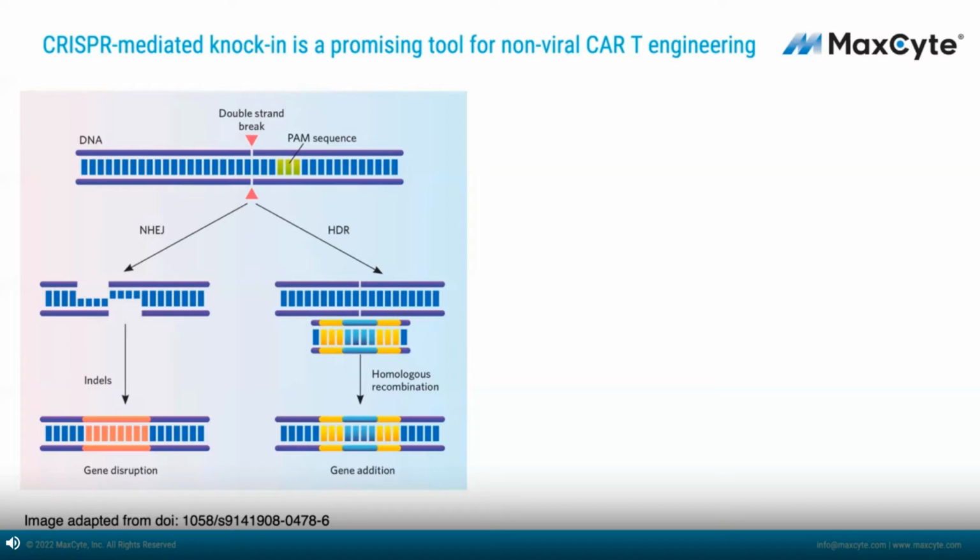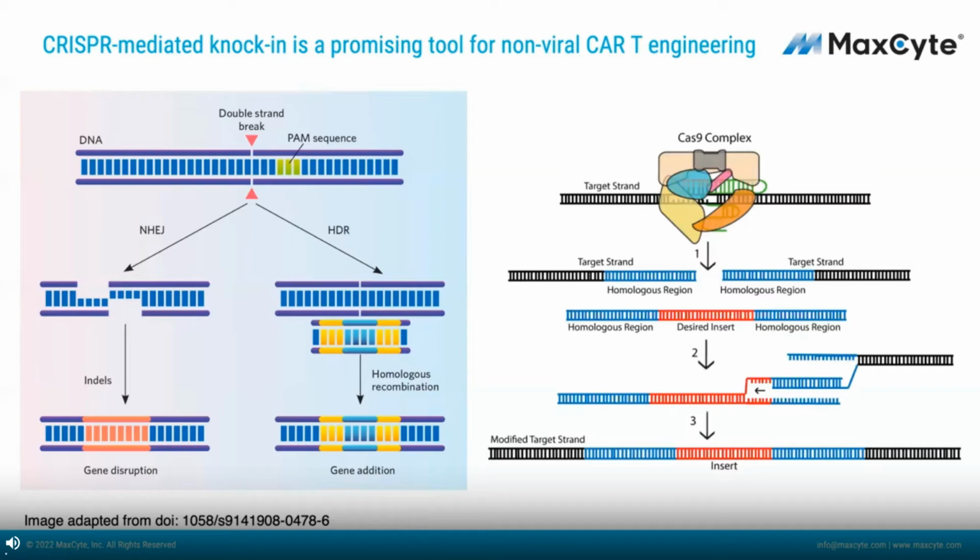This can be a small piece of DNA, only 5 to 10 base pairs, or it can be a larger construct that's multi-kilobases, such as a CAR construct. When you deliver the CRISPR machinery alongside this donor template to your cells of interest, you will have the cells begin to undergo homologous recombination, which will actually integrate your donor DNA directly into the genome in a stable fashion.